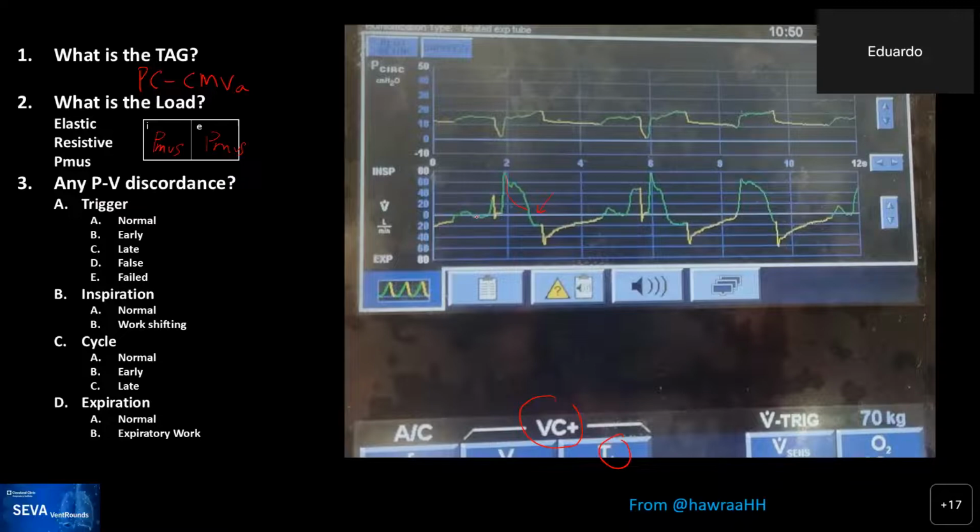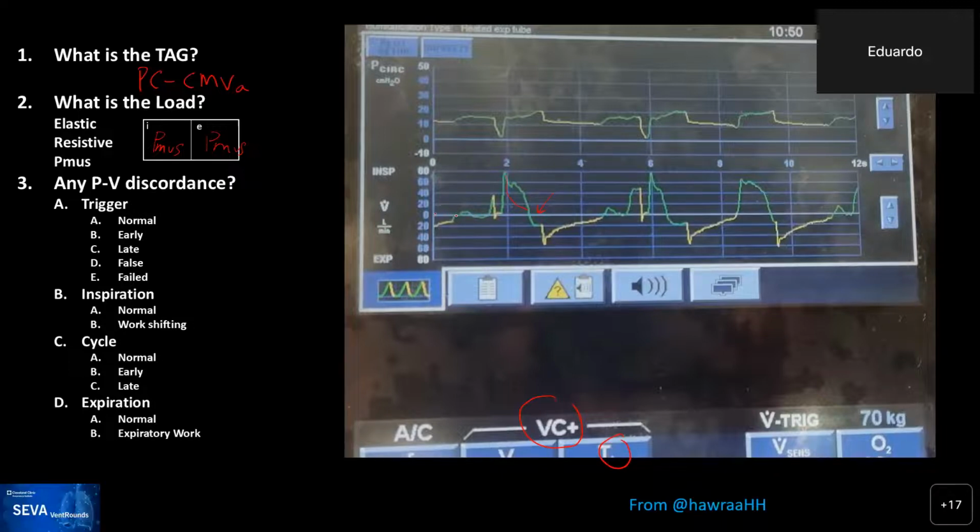You can see this first breath, there is no entry of flow there. And that's why I think that the patient was bearing down. If you see this, there was activation of the expiratory muscles, because with the very little pressure that the machine was delivering, it's not moving any flow, which tells me that this is a mandatory breath and that the patient is still actively exhaling.